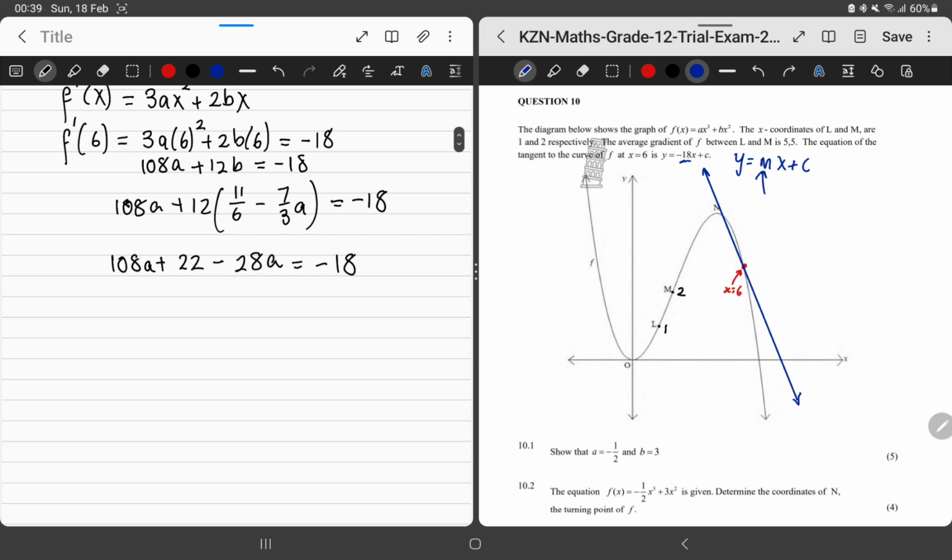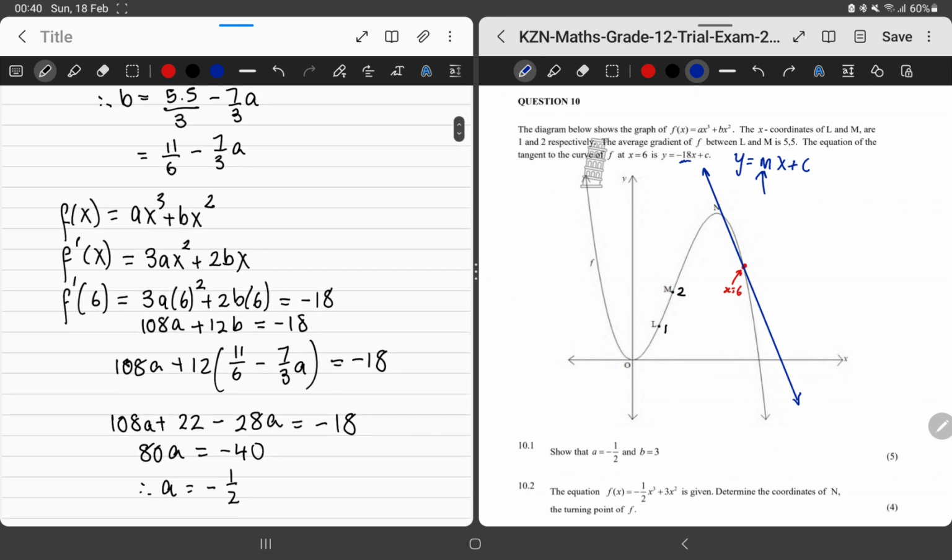This is an a. So 108 minus 28, I am getting 80a, which is equal to minus 18 minus 22, that is minus 40. Therefore, the value of a should be 40 over 80, which is a half.